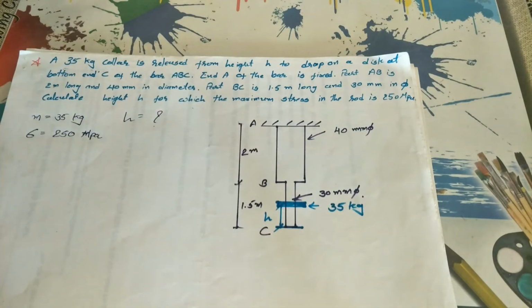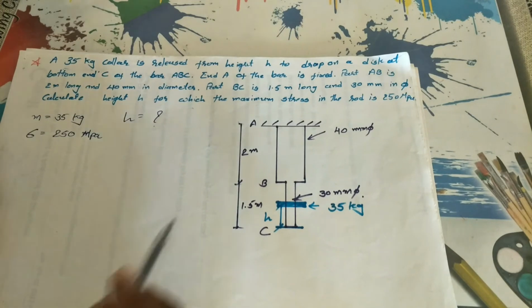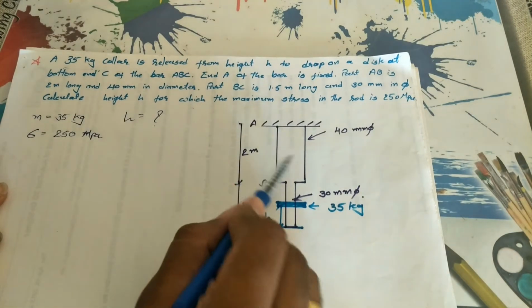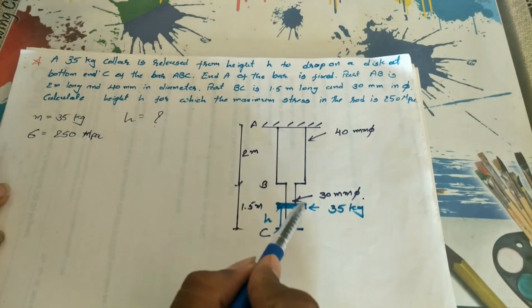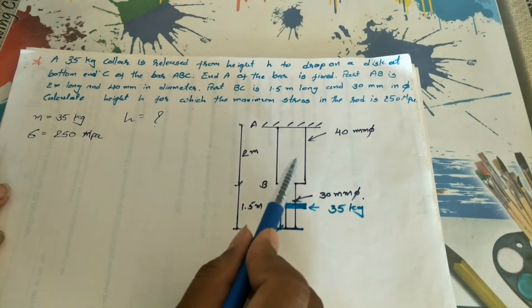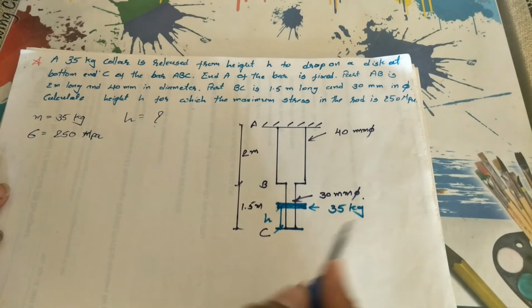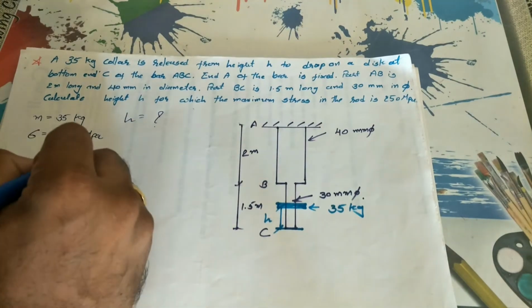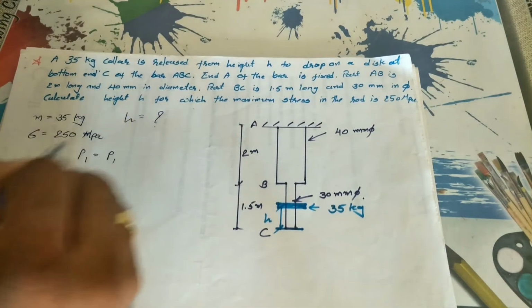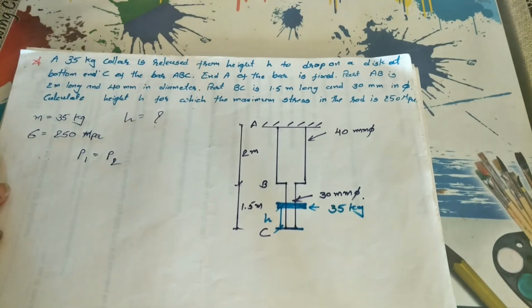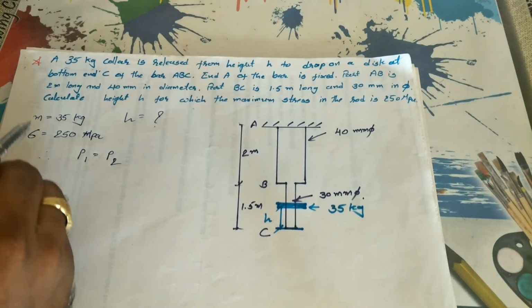From the given data we'll start. Since these two bars are in series, the load on each bar will be equal, so we'll consider P1 equals P2. Now what is P?